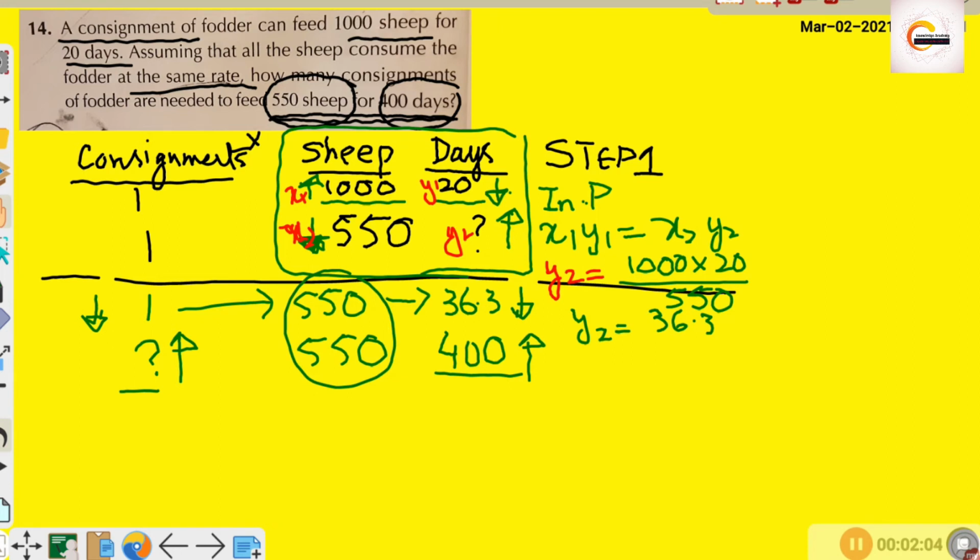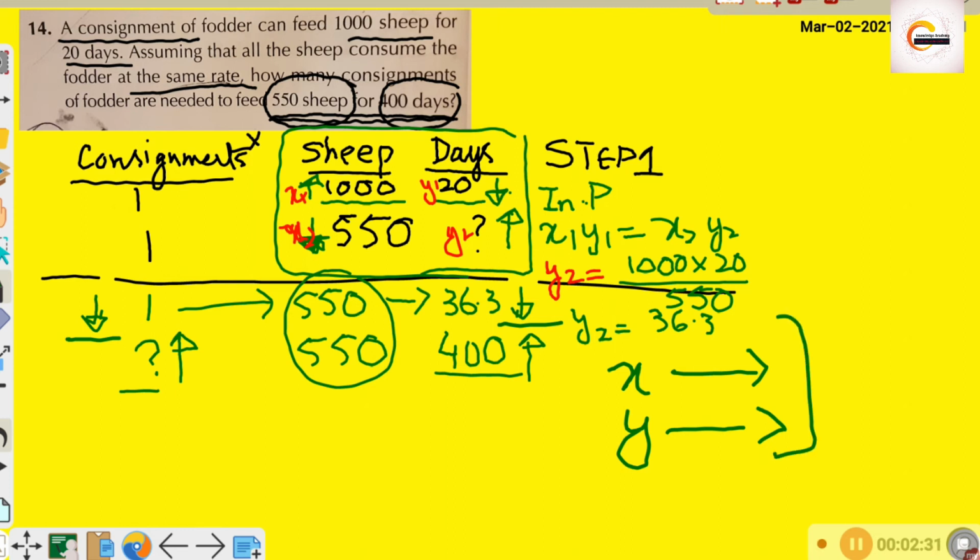Yes, when one variable increases and the other variable increases with it, and when one decreases the other decreases with it, what relationship is this?